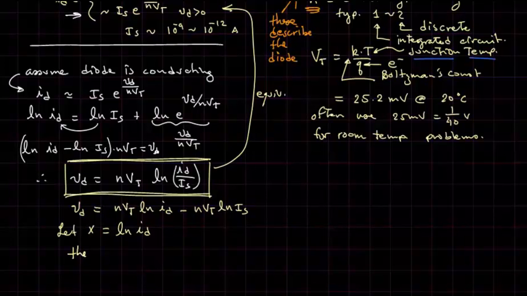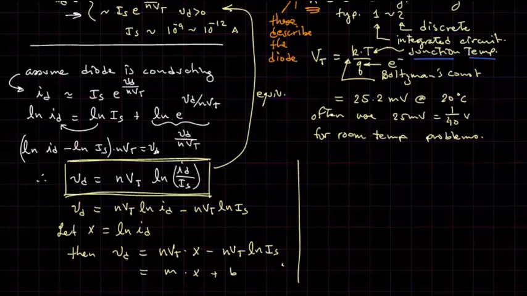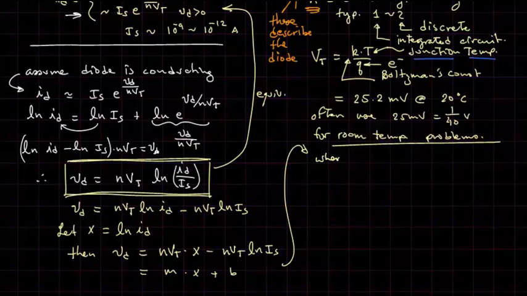Then we'll have V diode is equal to nVt times X minus nVt ln Is, which is really this form of an M times X plus B, where B is equal to minus nVt log of Is, and M is equal to nVt.